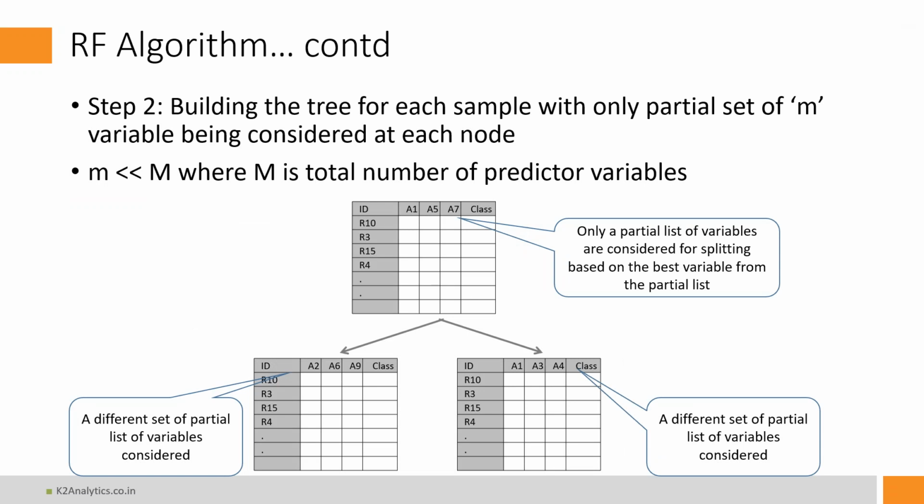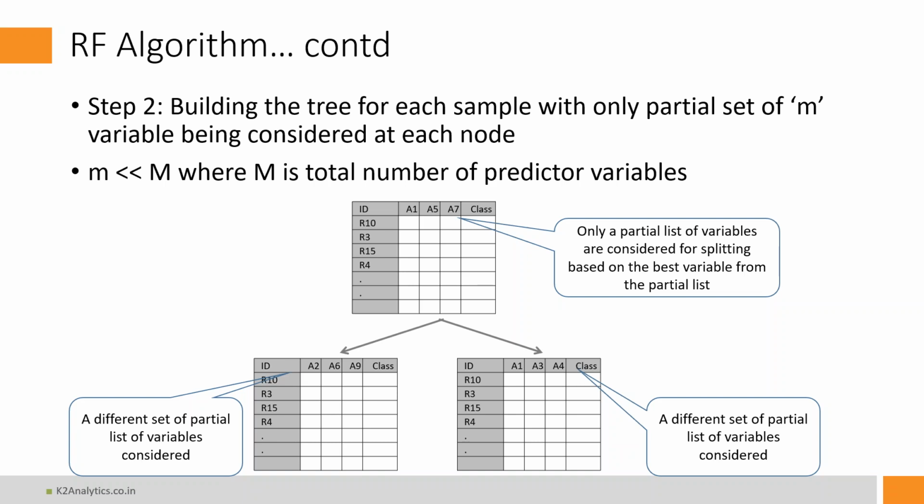So let us now consider data set 1, and let us assume the number of features, number of attributes that we have, are 100 attributes. Let us call them A1, A2, A3, up to A100. We have to build a classification tree on it.